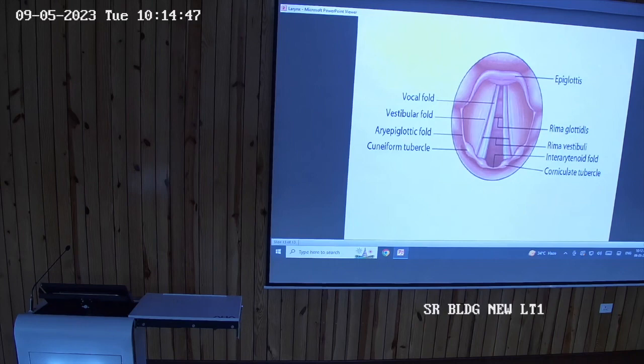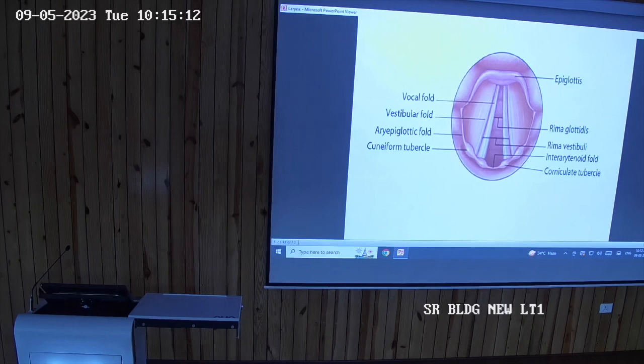The auricular branch of the vagus nerve is here, and it is also joined with the auricular branch of the facial nerve. Okay, this is supplying the tympanic membrane and all that part.